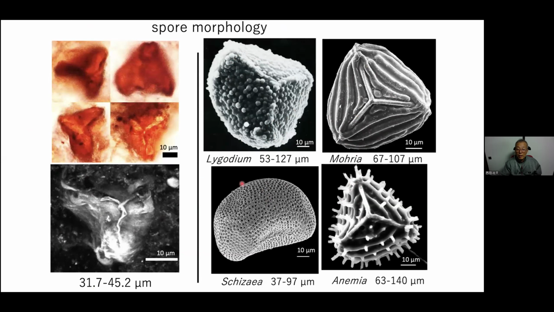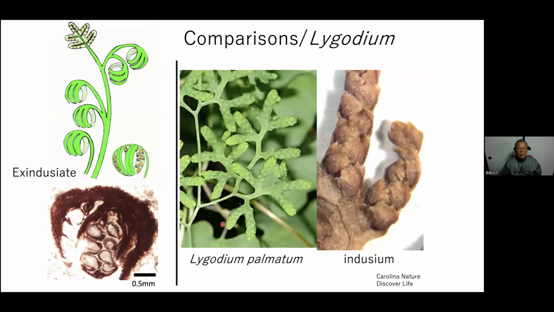And the Schizaea has bilateral spores, as you know. So this one is most comparable to Lygodiaceae, but without indusium. So probably a different genus of these groups is close to Lygodiaceae.